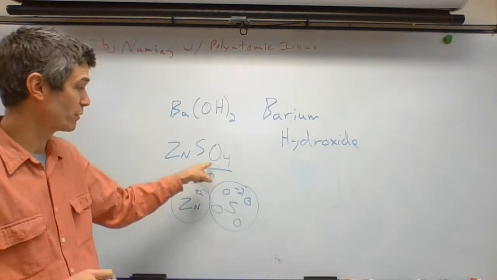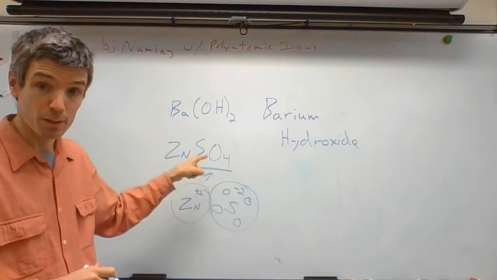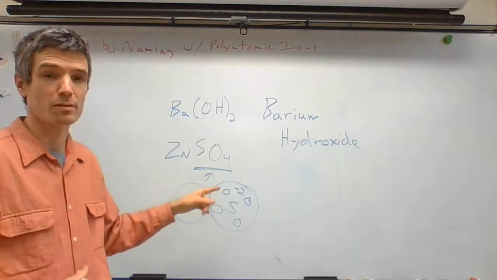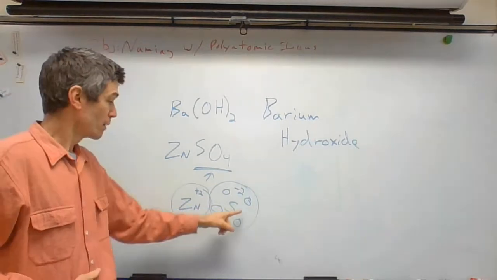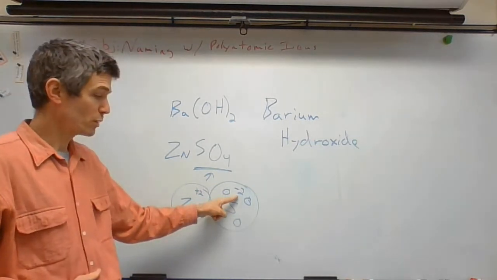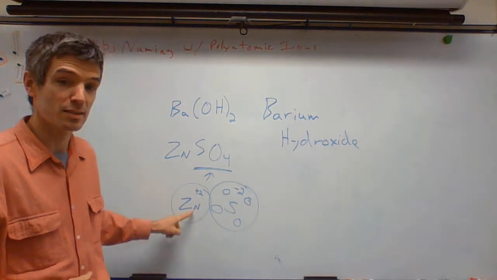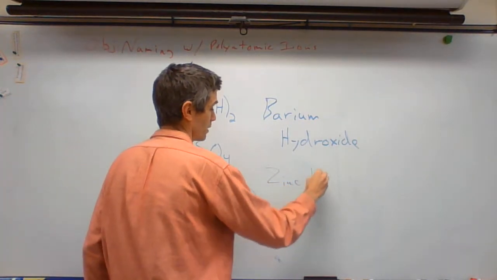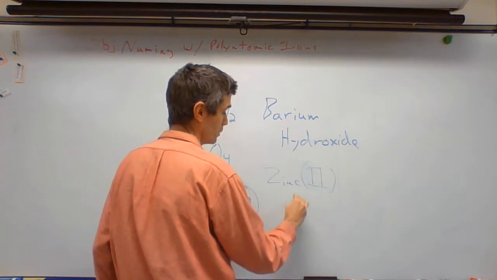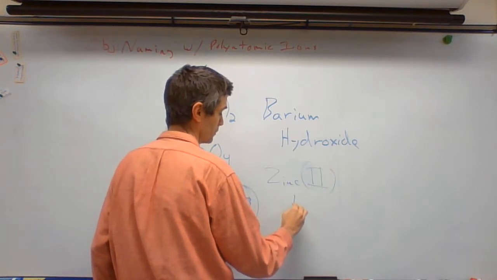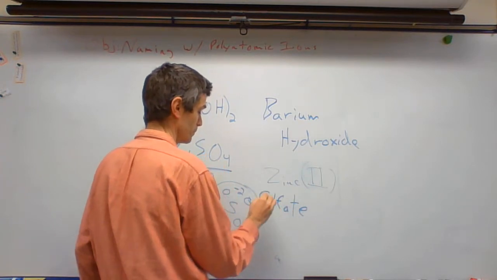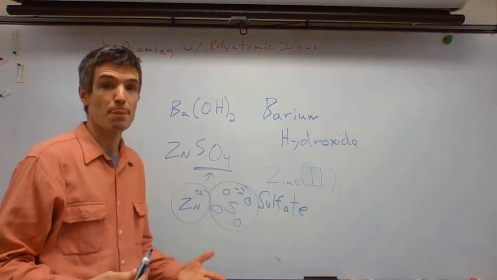Sulfate's charge is -2. I would know that by looking up the charges on a sheet of all the polyatomic ions. There's one of them, so that means the zinc has to have a +2 charge. So this is zinc 2 sulfate.